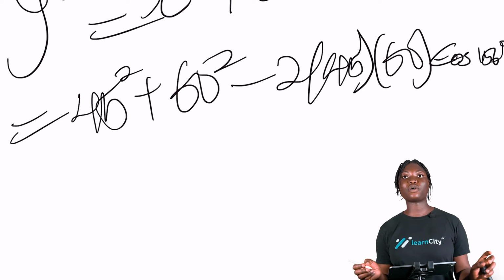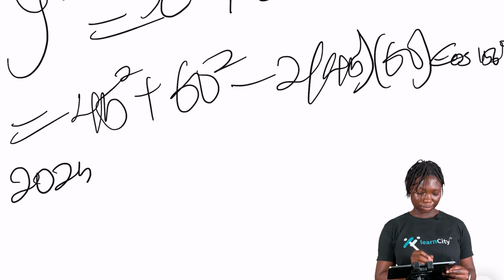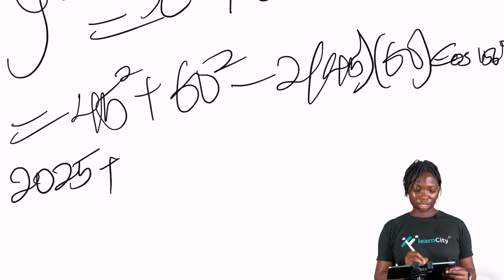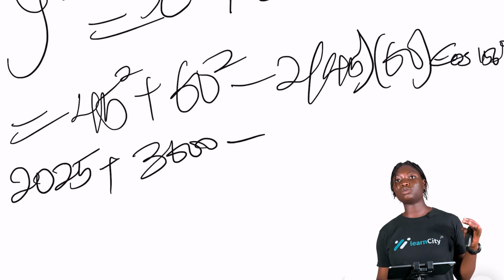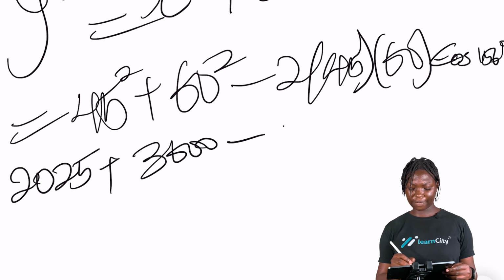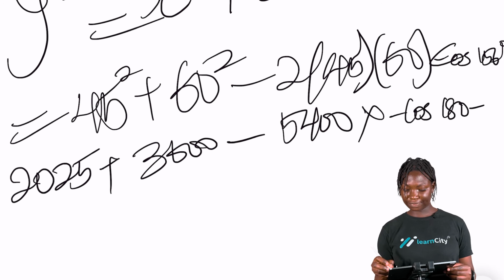Continuing further, we have 2025 plus 3600 minus 2 times 45 times 60, which is 5400, times minus cos 24.